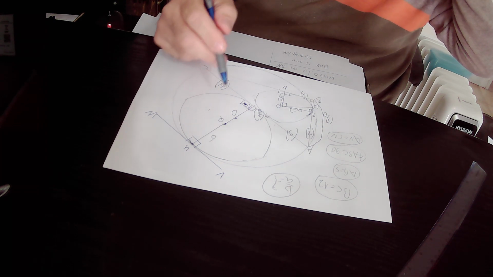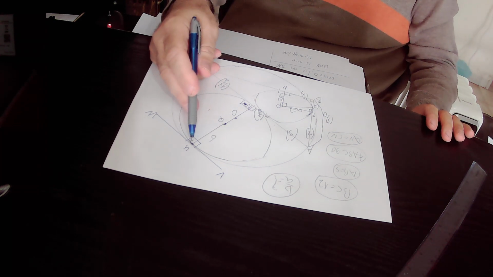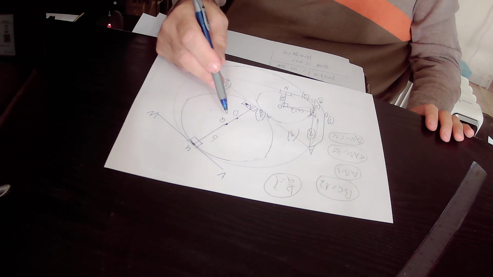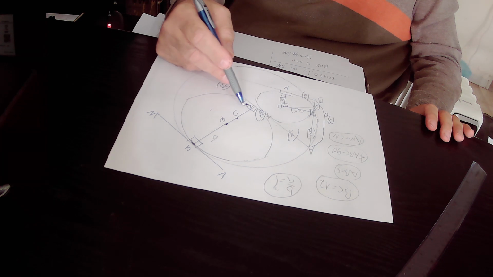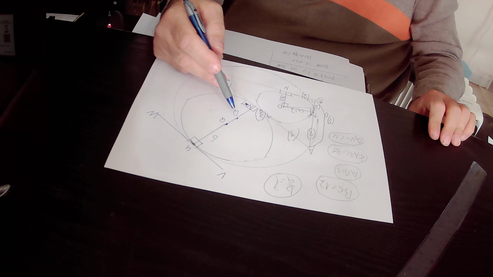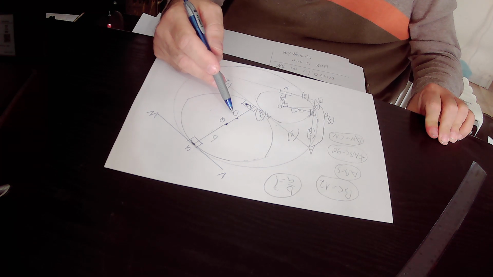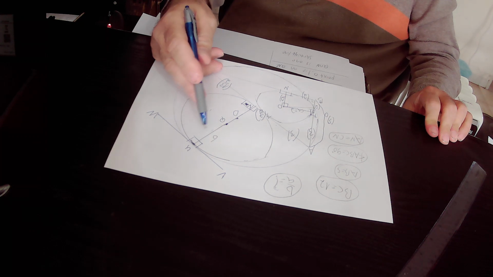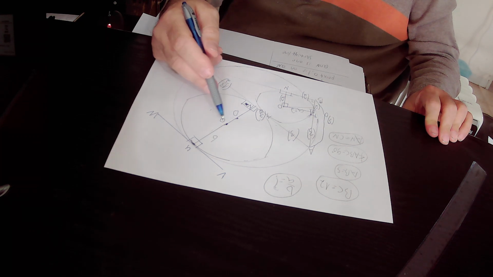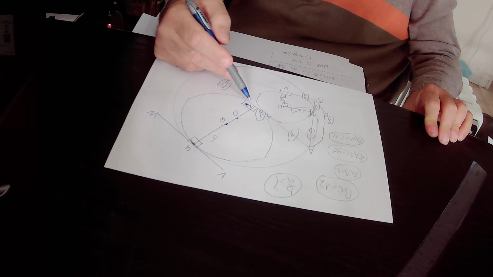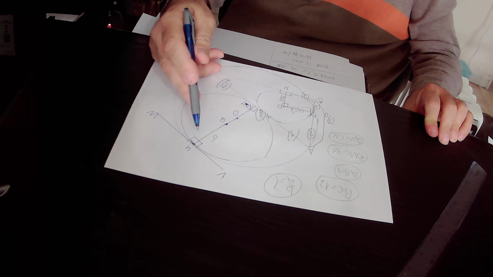Okay? So I found out that OQU is one straight line and QON is one straight line. And from those two statements we derive that NQU is one straight line.